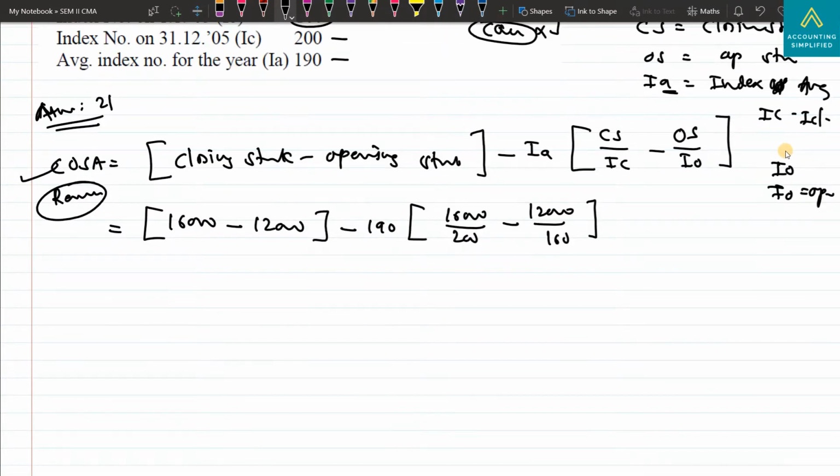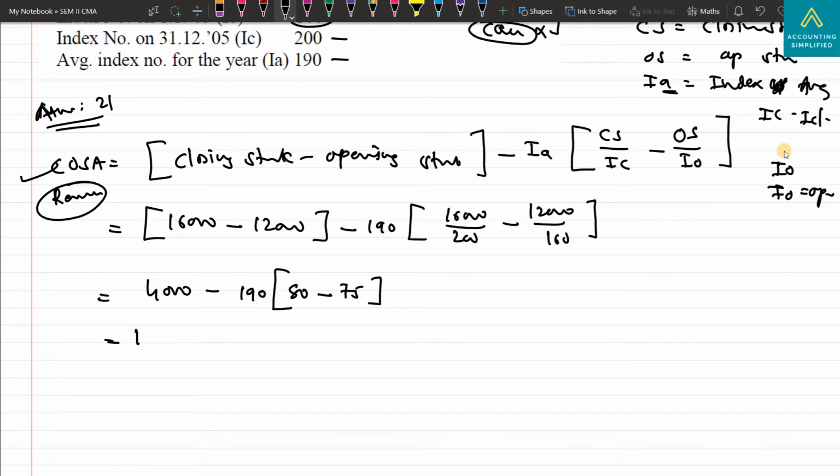Now the solution of this is 4,000 minus 190, which we will keep for some time and multiply later. So 16,000 divided by 200 comes to 80, minus 12,000 divided by 160 comes to 75, right?